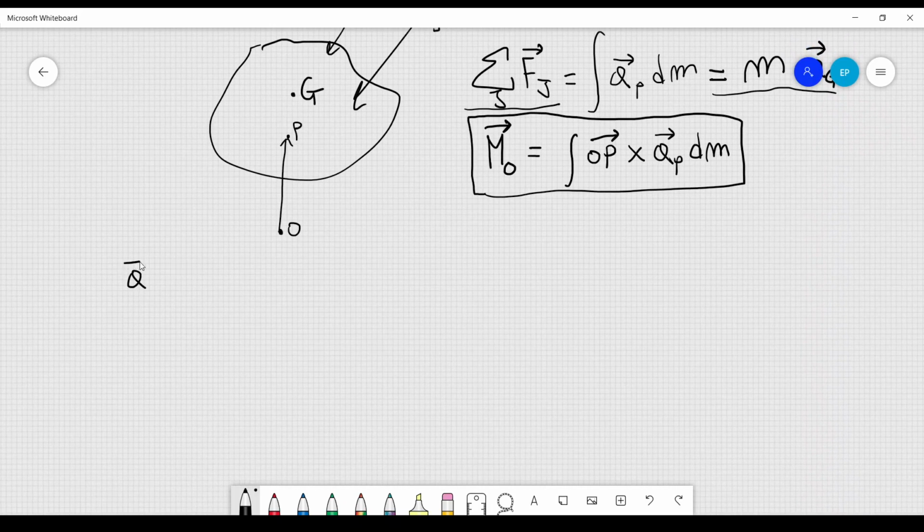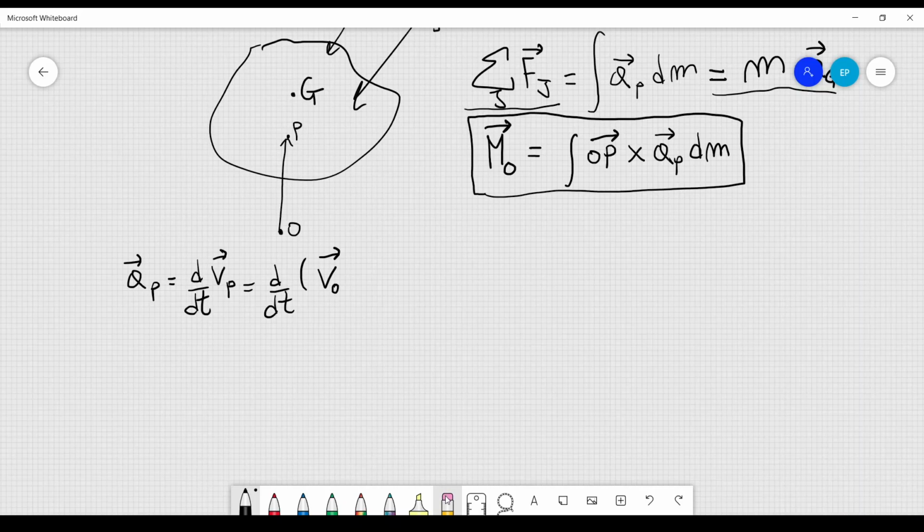The acceleration of the point P can be derived from the velocity, because this is the derivative with respect to time of the velocity of the point P. And the velocity of the point P can also be rewritten by using kinematics. We know that we can rewrite it as the velocity of another point. So now let's assume that the point O is a point of the rigid body.